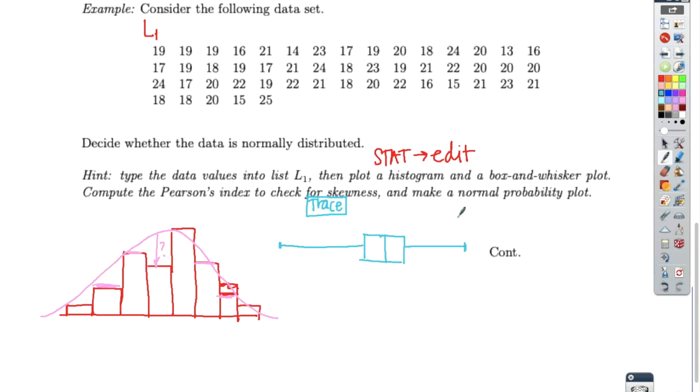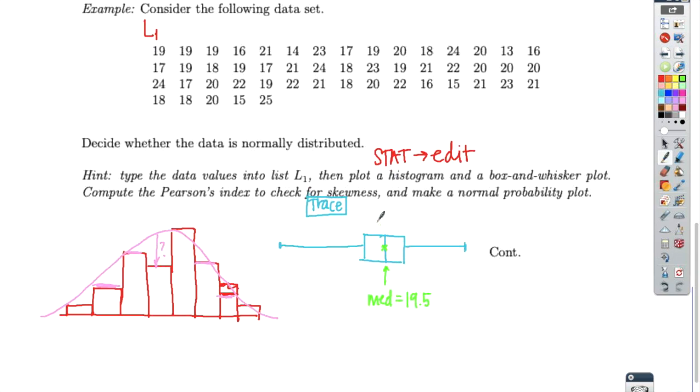When I click trace, it brings up a little cursor, which is flashing right here in the middle of that box and whisker plot. What that tells me is my median value, which it says across the bottom of the screen: the median is 19.5.